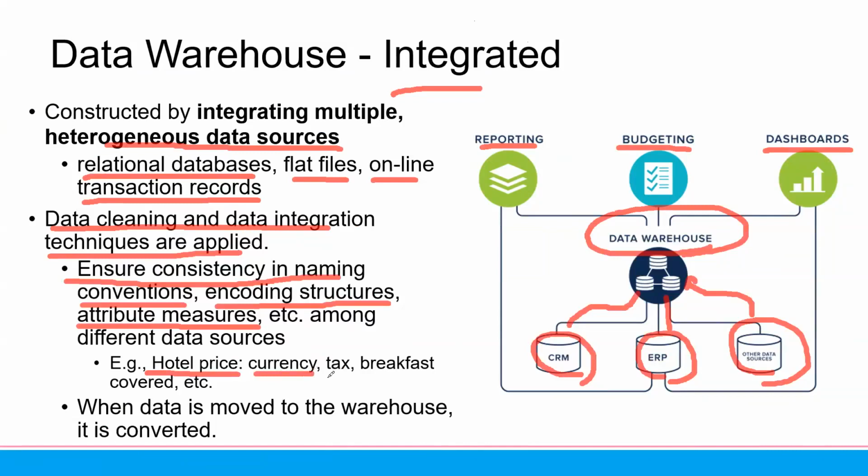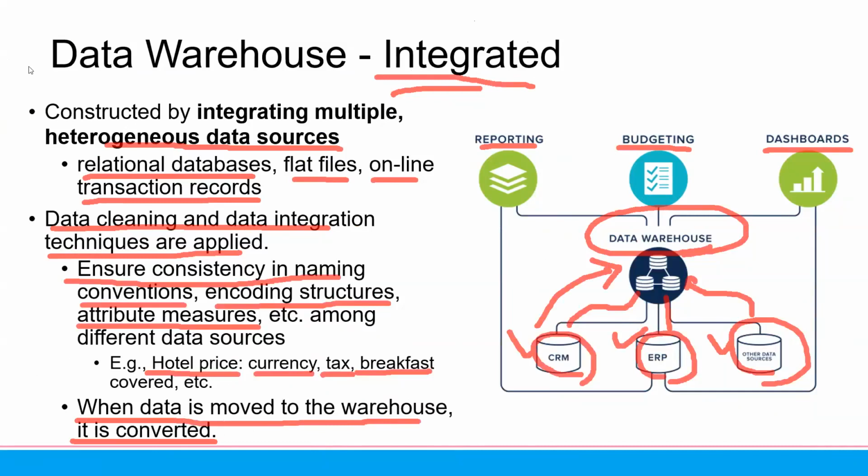Or if you go to a hotel, the tax will be different. The tax in Korea will be different from the tax in Japan. And there can also be differences in whether the hotel provides breakfast or not. So there should be consistency between the data if you want to put it into one data warehouse. So when the data is moved to the warehouse, it is converted. Every data in the original data, when you move it to the data warehouse, should be converted, and we can say this is the integrated.